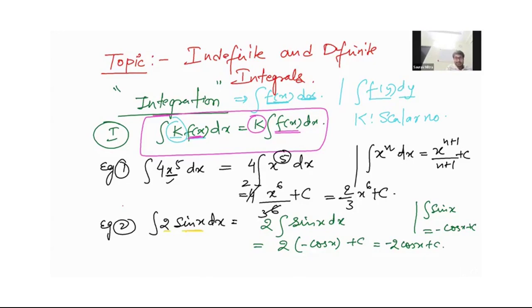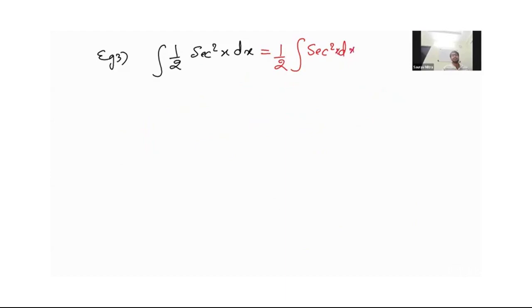Okay, let us take another example. It is 1 by 2 sec square x dx. In this our scalar is 1 by 2, and we integrate sec square x dx. We should know the integration of sec square x.